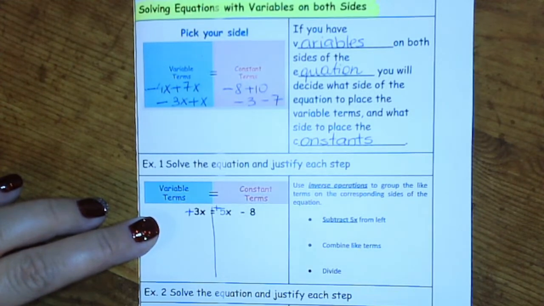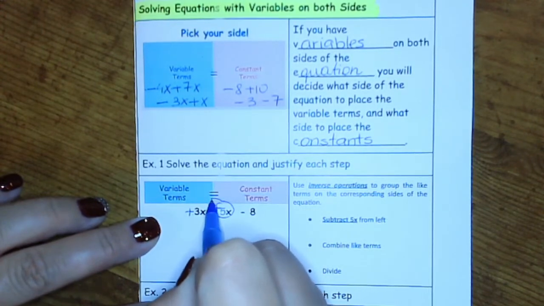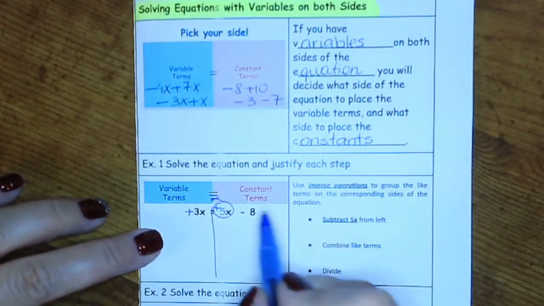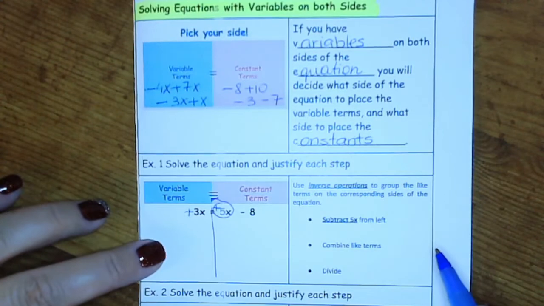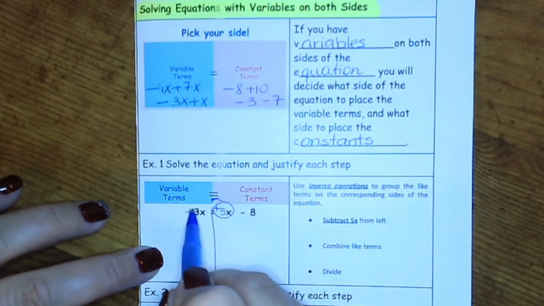So then I think, variable term belongs, yes. On the right-hand side, variable term does not belong. So I have to move it over to the side that it belongs. Constant, negative 8, belongs on the right-hand side. Great. So how am I going to move this positive 5x to the variable side?